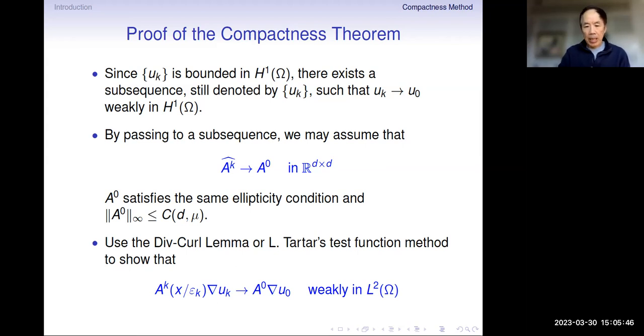And there's also a classical approach called Tartar's test function method, where you can choose some special test function and then use that in a weak formulation of the PDE.